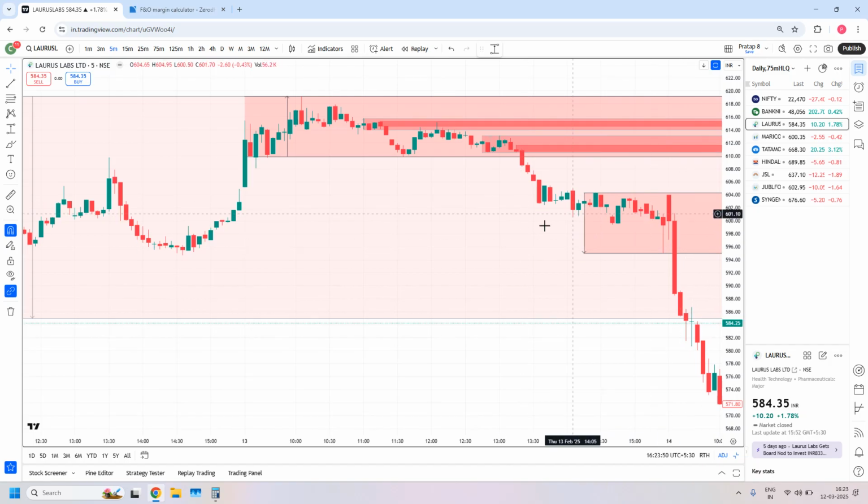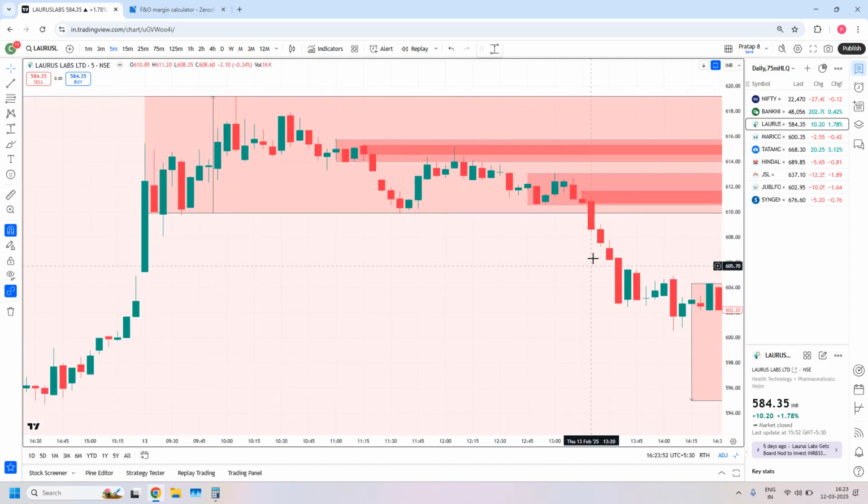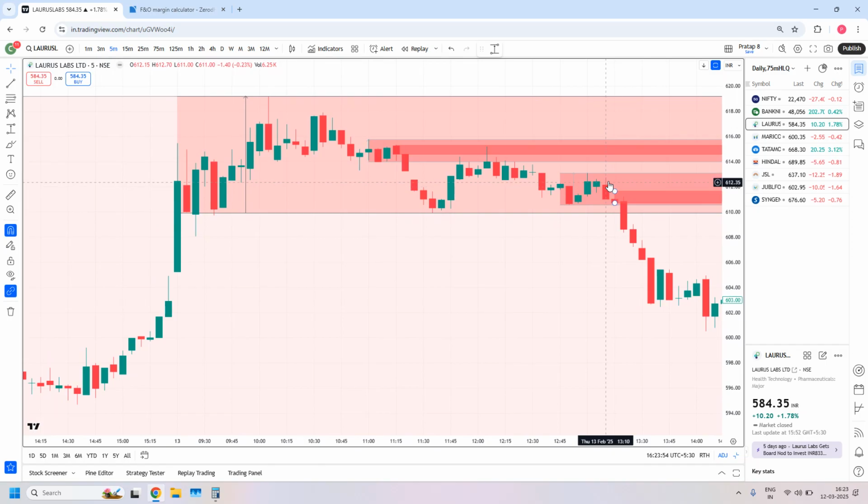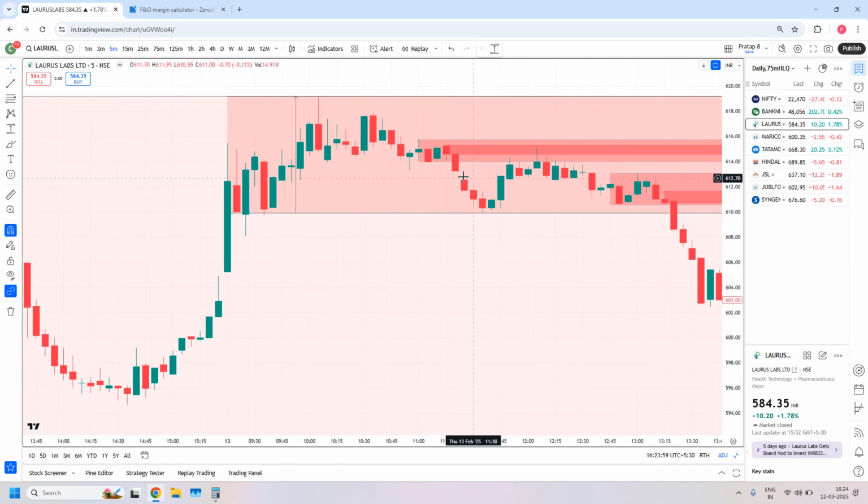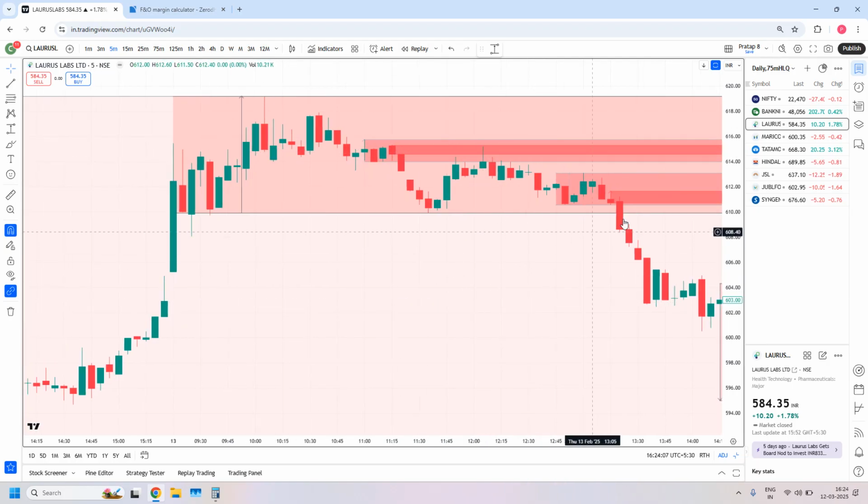Anyway, here you see a drop, base, drop. This is a fine-tuned 5 minute zone. And also here you have a rally, base, drop, and this is already tested. So there are higher chances this will be violated. The only hope is on this area, this drop, base, drop. That's it.